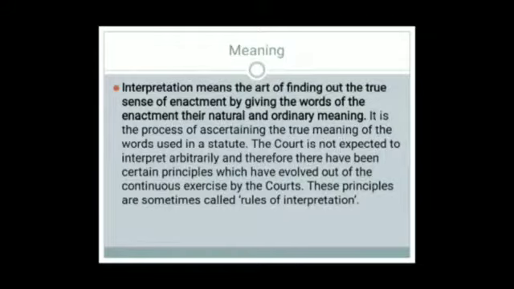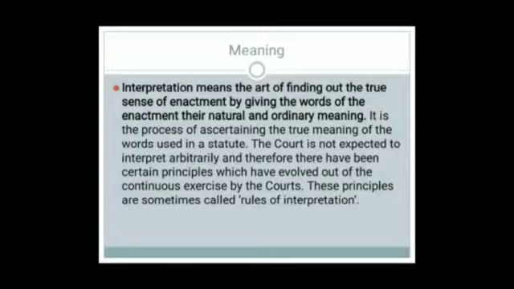The term is derived from the Latin term interpretari. Now, what does interpretari mean? This means to explain, to expound, understand, translate. So interpretation is the process of explaining, expounding and translating any text or anything in written form.